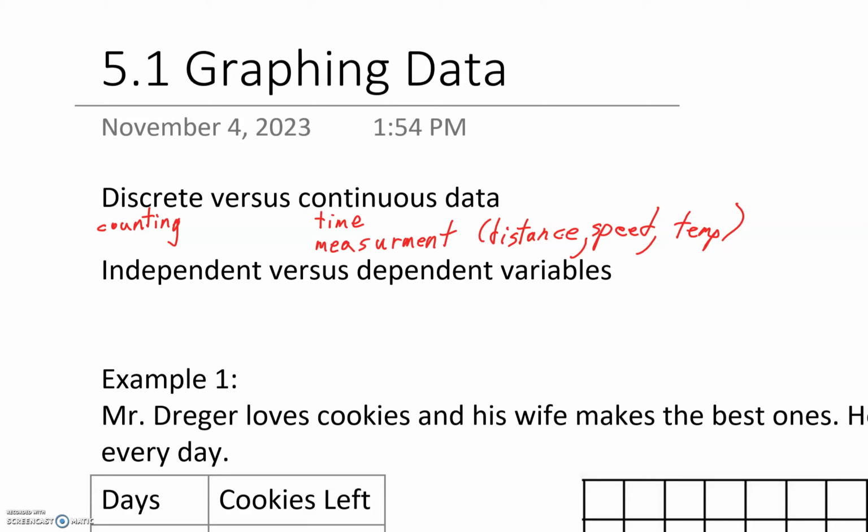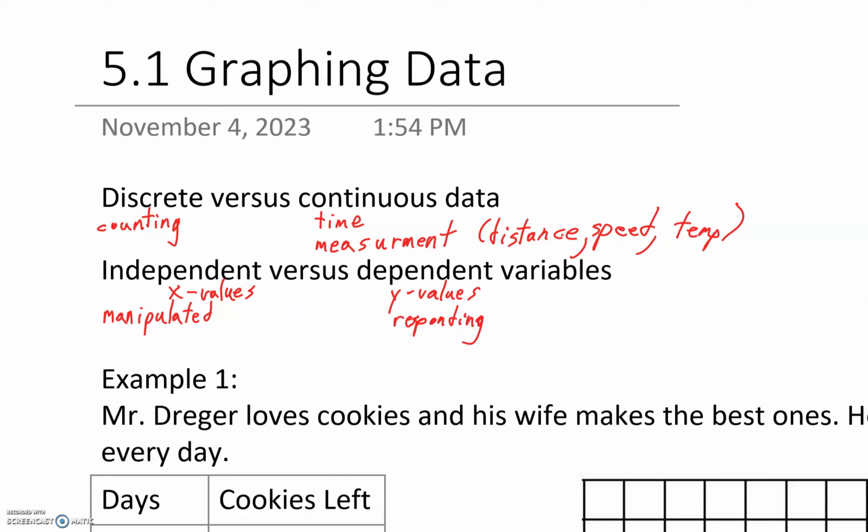The difference between independent and dependent variables is basically this. Independent are your x values on a graph. Okay. Dependent are your y values on a graph. And usually, you can basically think about it in terms of science ideas with manipulated variables versus responding variables.